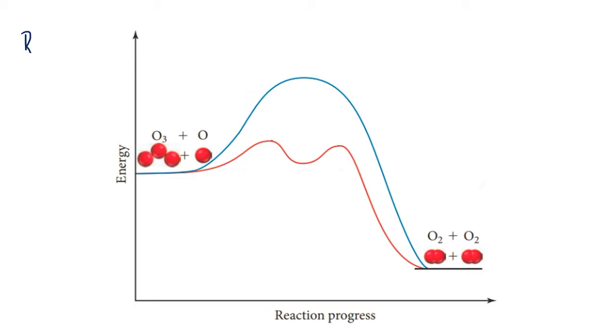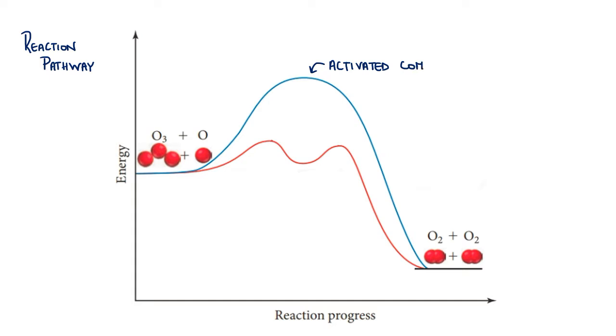Let's take a look at the reaction pathway for this reaction. We have ozone plus an oxygen atom. Now, you're going to see two hills here. One of the hills is for the uncatalyzed reaction. That's our blue hill. In this uncatalyzed reaction, you'll see a very, very high activation energy.